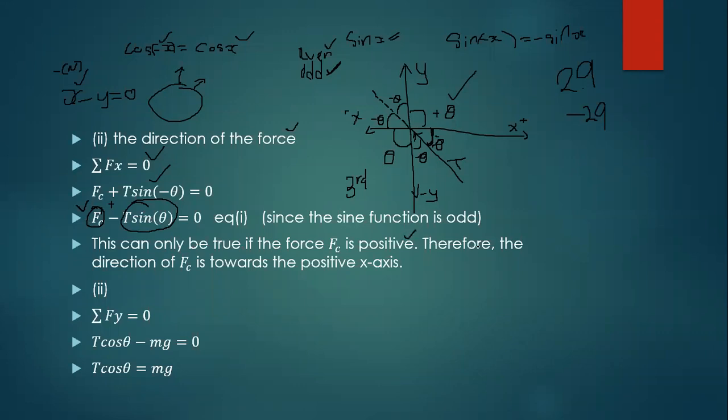So therefore, we can determine that the direction of the centripetal force, since we are in the x-axis, will be towards where? What will be the direction of the centripetal force? Positive direction, the x-axis. The direction will be positive, right?